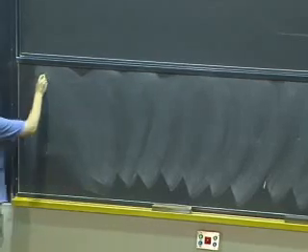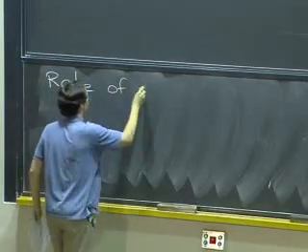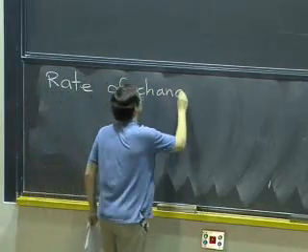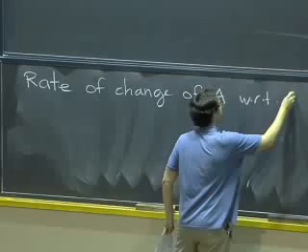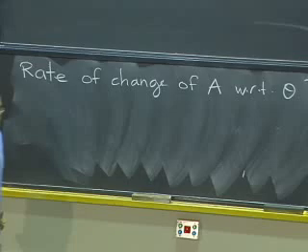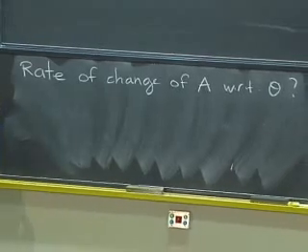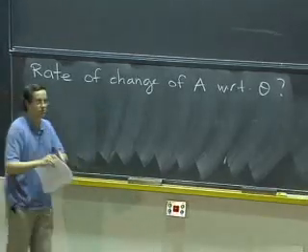So what can we possibly mean by the rate of change of A with respect to theta? These are all things that we might want to call partial A, partial theta, but of course, we'll have to use different notations to distinguish them.